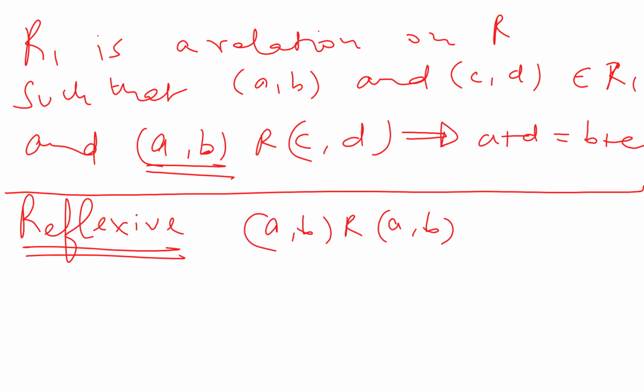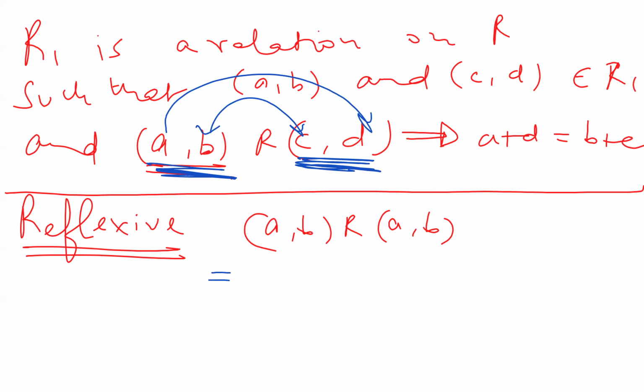Now see guys, what is given to you? AB relates to CD. The meaning of this is sum of the extremes is equal to sum of the means. In that case, sum of the extremes A plus B equal to sum of the means B plus A. By the rule given in the problem, A comma B relates to A comma B implies A plus B equal to B plus A. Is this true guys?